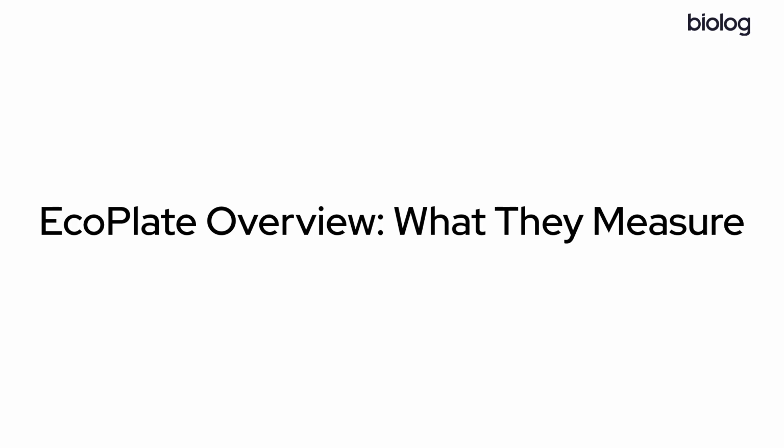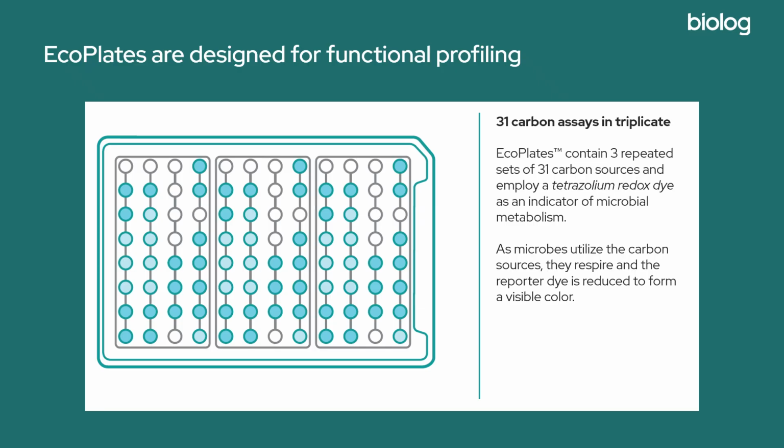EcoPlates measure metabolic activity of microbial communities across a panel of carbon substrates. So they contain 31 environmentally relevant carbon sources, each replicated in 3, plus a control well. When microbes metabolize a substrate, respiration reduces a tetrazolium dye, producing a color change.